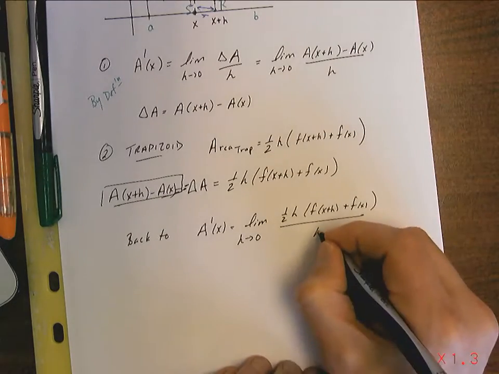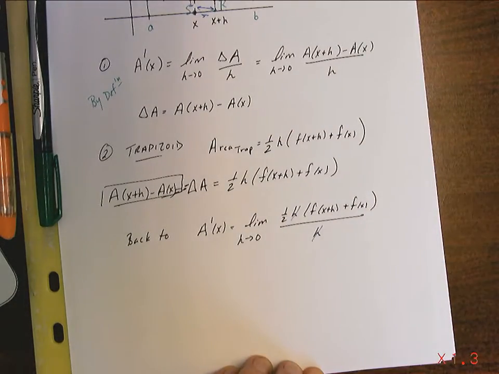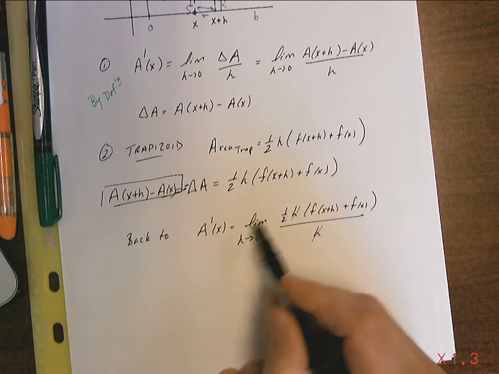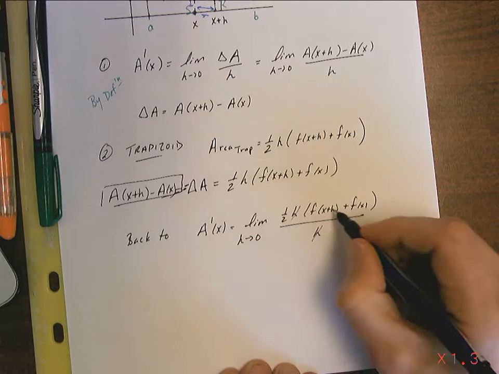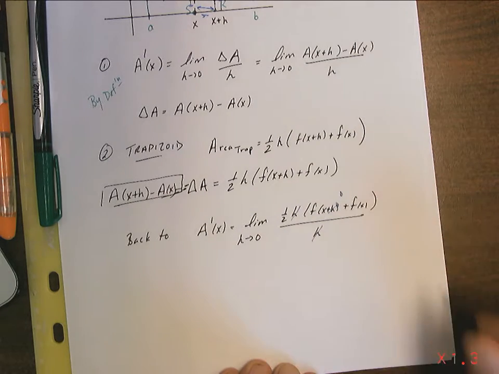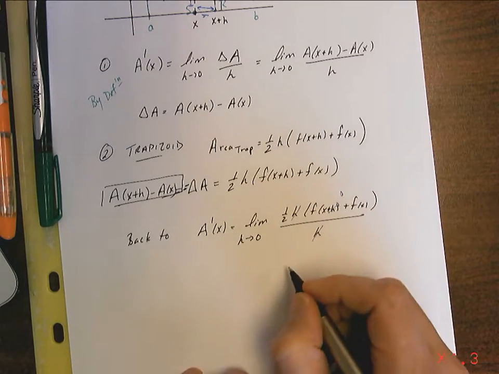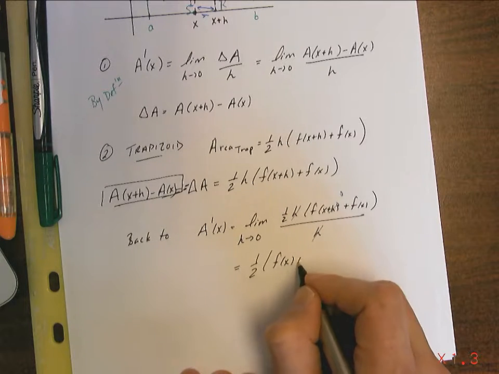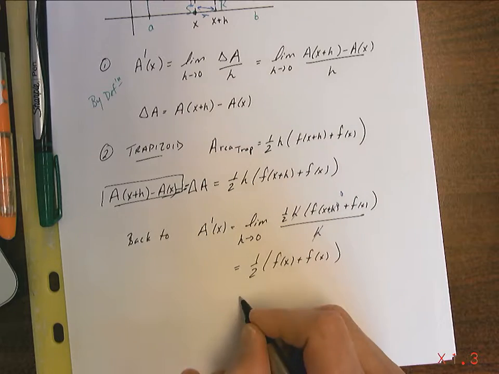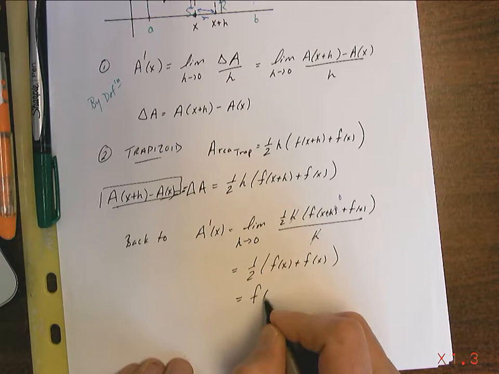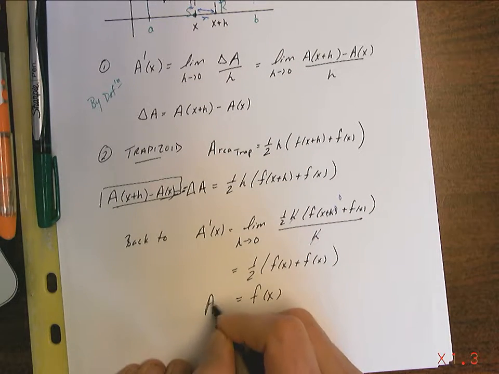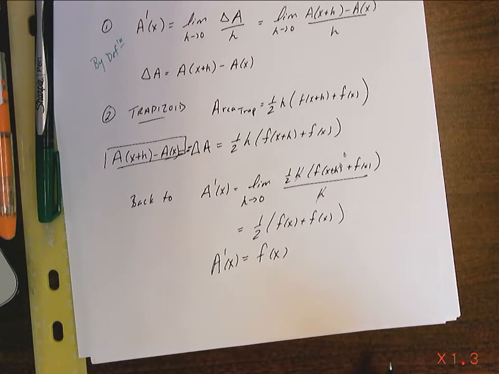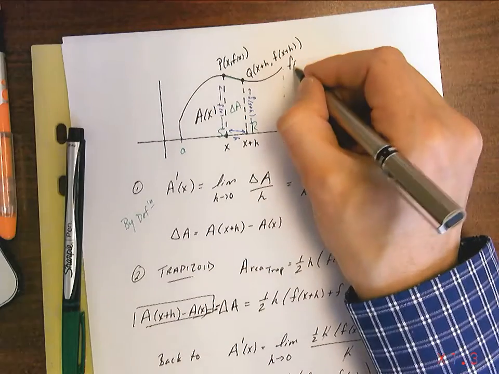So the h's will cancel, because it's the limit as h approaches 0, so they actually don't equal 0 yet. I'm going to allow the limit to take hold. As the limit takes hold, this h value goes to 0. And what I end up with is 1/2 f of x plus f of x, which is f of x, which is very interesting. Very, very interesting indeed.